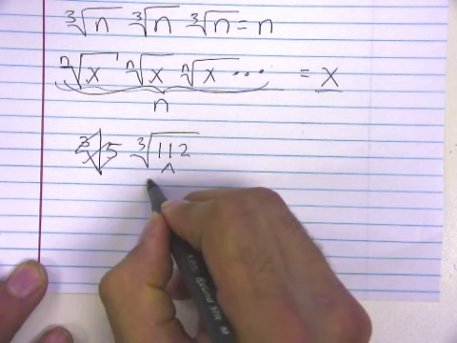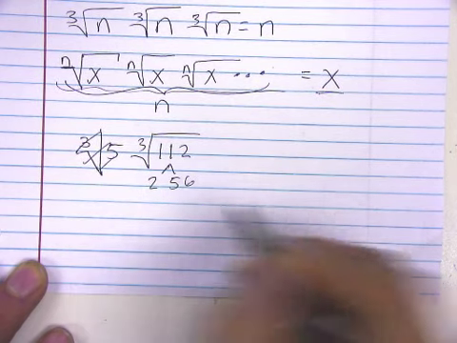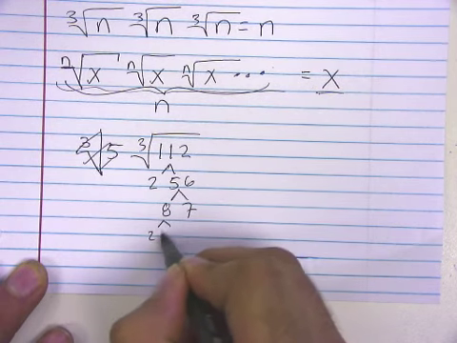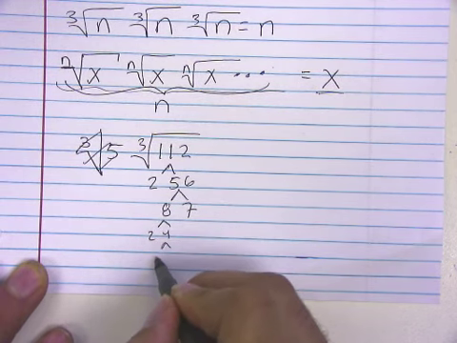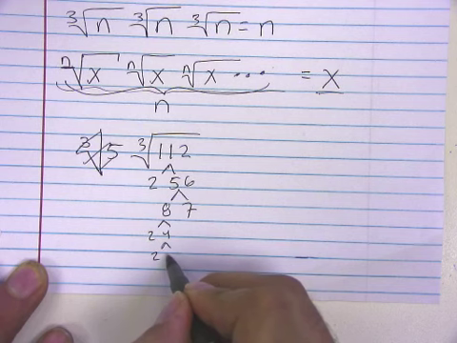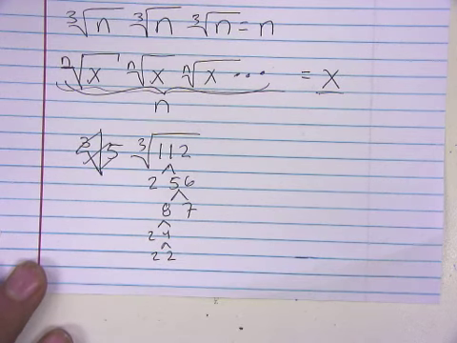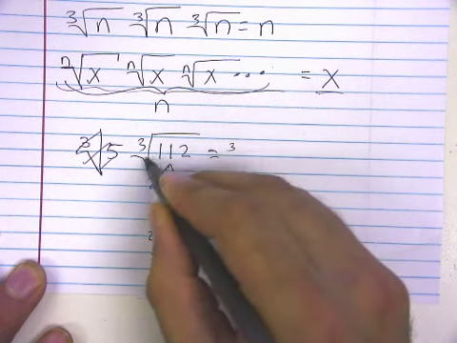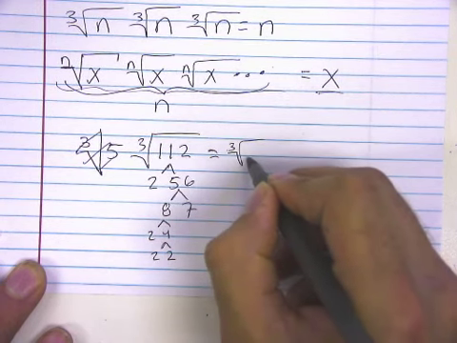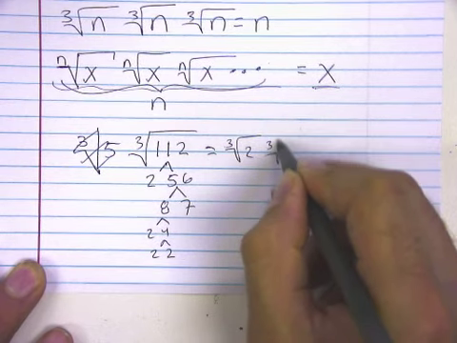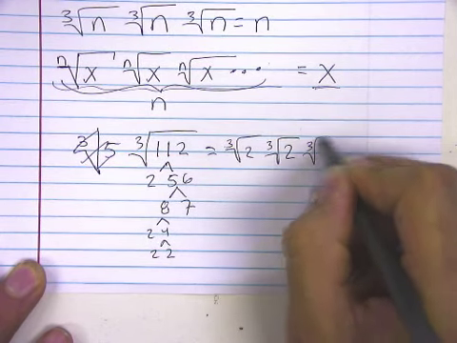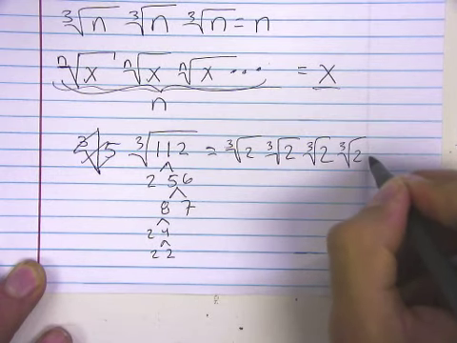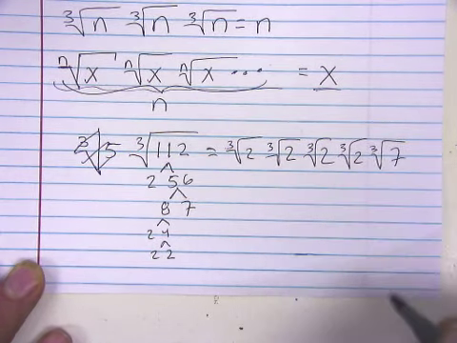If I break this down a little bit, 112 is 2 times 56. 56 is 8 times 7, which is 2 times 4, which is 2 times 2. All right. So then what we're saying here is the cube root of 112 is the same thing as the cube root of 2 times the cube root of 2 times the cube root of 2, 1, 2, 3, 4 of those, the cube root of 2 times the cube root of 7.